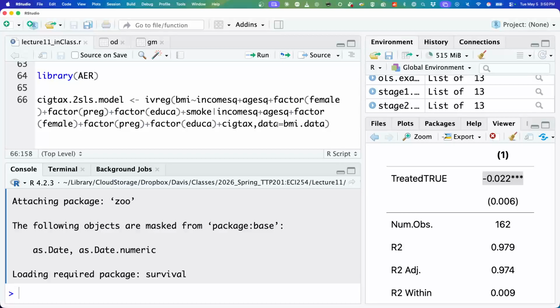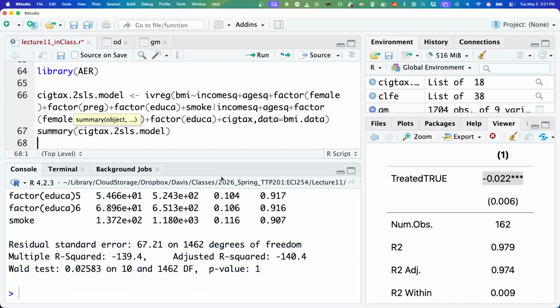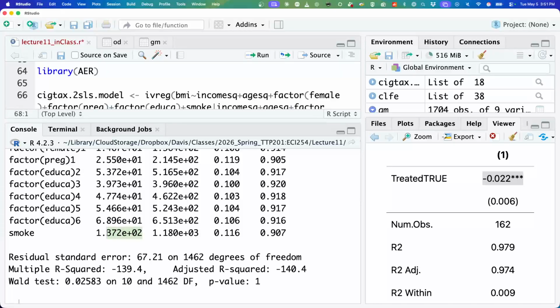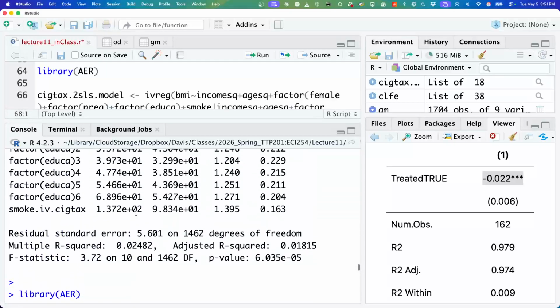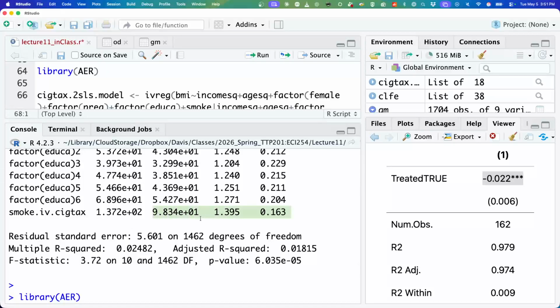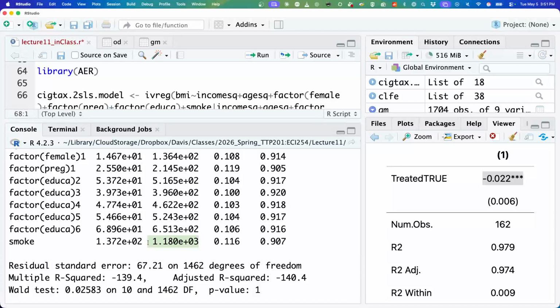Okay, here, I'll run this, and we can look at a summary of this model. You will see here, this effect is exactly the same as what we had in our manual version, 1.372. But the standard error is different. This one is larger, right?